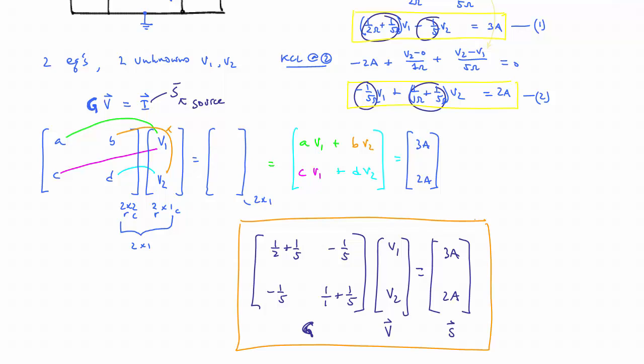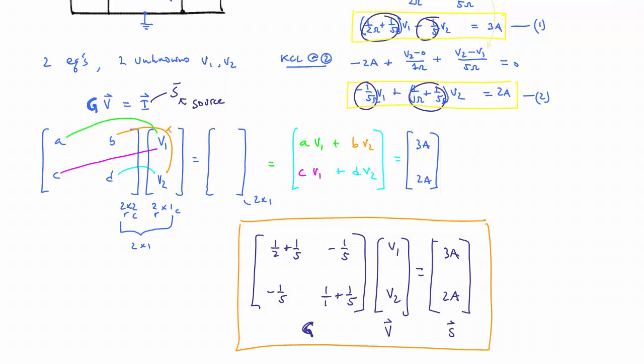Now if you were asked then to solve for V1 and V2, there are a number of different mathematical techniques and tools you can use to solve that. One certainly that you can apply is, if you have a programmable calculator that does matrix math, you can solve this.